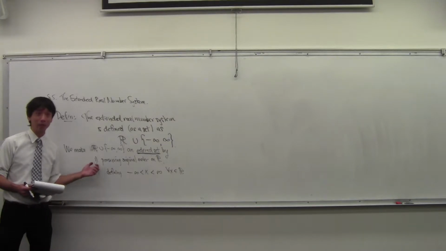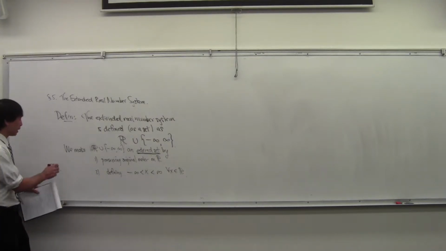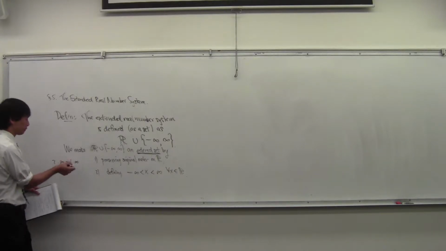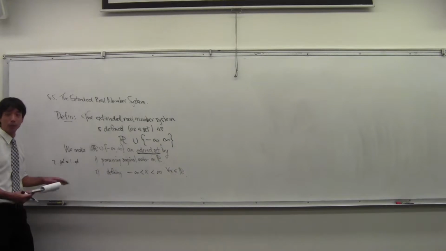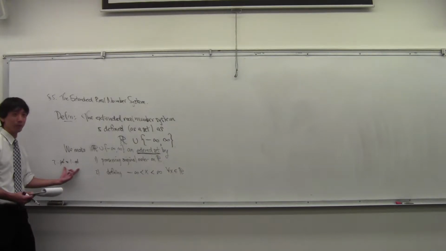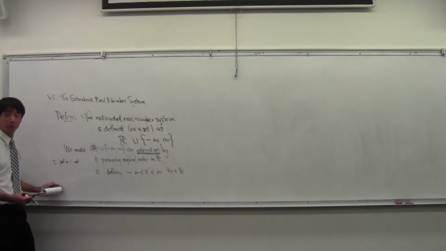You want to be able to cancel. But then how are you going to define 2 times infinity? Is it the same thing as 1 times infinity? If it is, then you should be able to cancel. If it's a field, there should be some multiplicative inverse to this, but then you run into trouble.